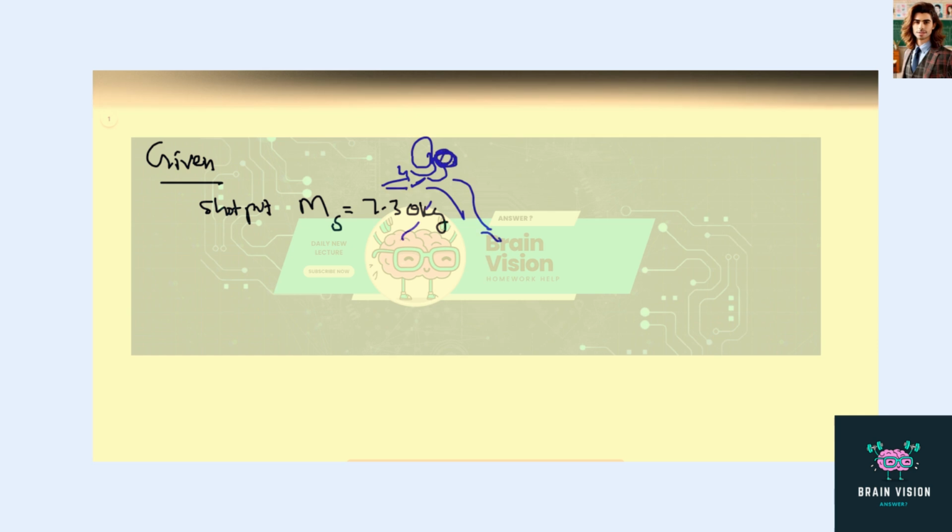So it has a mass of 7.3 kilograms, and we're also given the initial velocity of the shot put, VSI, as 15.0 meters per second.